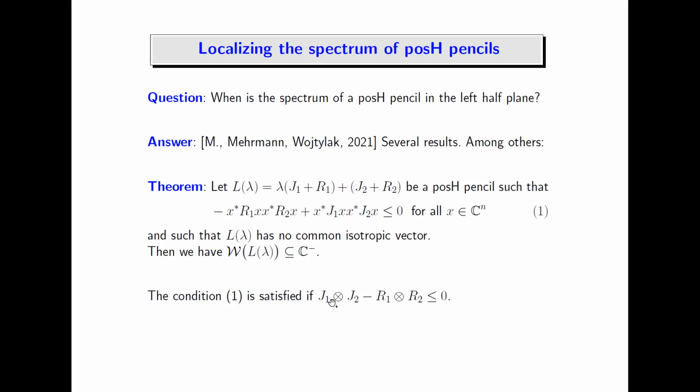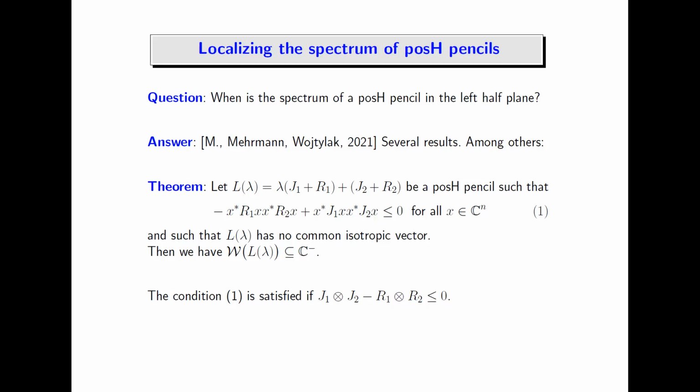For example, if you look at the Kronecker product of the J matrices and subtract the Kronecker product of the R matrices, and this is a negative semi-definite matrix, then this is satisfied. So this basically shows that if the R matrices dominate the J matrices, then the spectrum is in the left half plane.